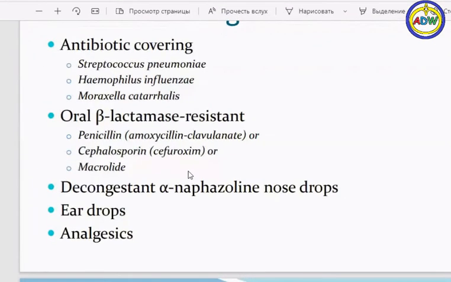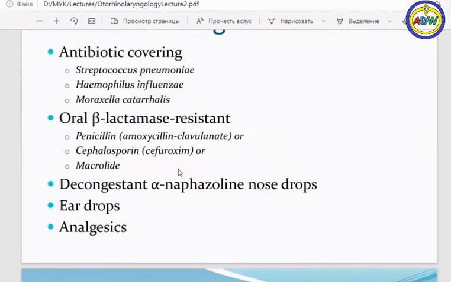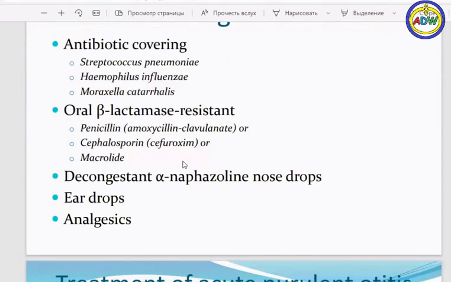and it lies in the eustachian tube. Through the eustachian tube, it covers the structures of the middle ear. Of the routes of infection, we also mentioned 3 main routes, but the most common is the eustachian tube. And also we have a chance that the other ear can be affected.